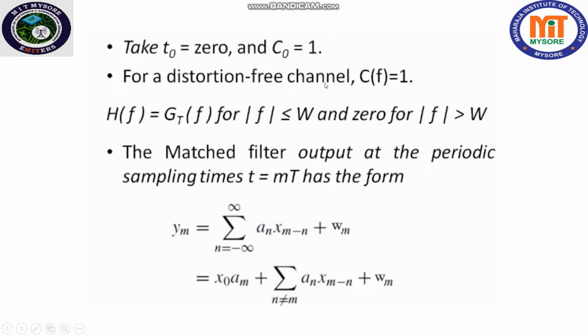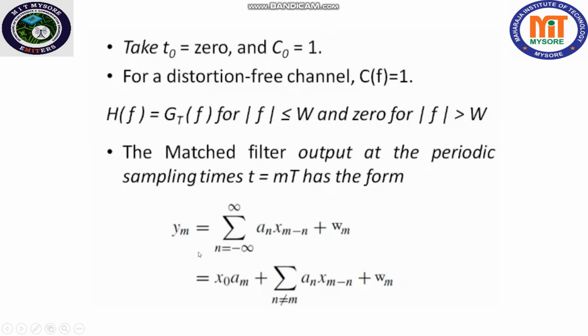When C of f is 1, H of f will become equal to G_T of f for the frequency band f less than or equal to W, and 0 for f greater than W. Now the matched filter output at the periodic sampling times t equal to mT will be given by this equation, as you already know, and the simplification also we know.